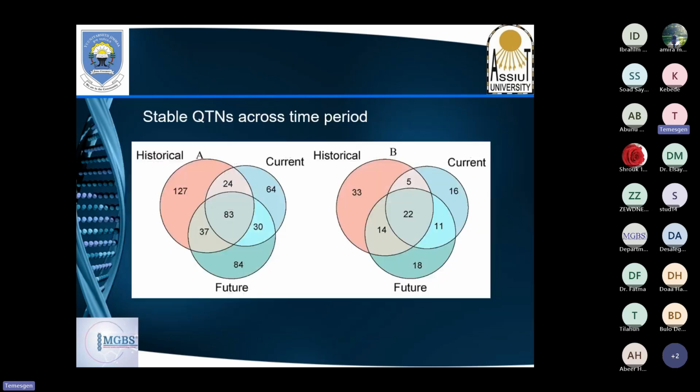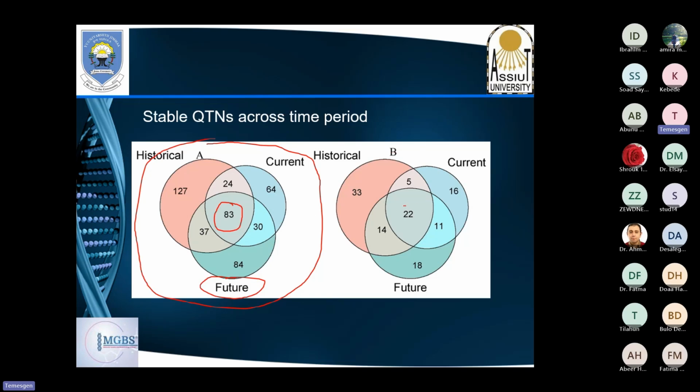Then we looked at whether any of them are stable across these different time periods: historical, current, and future. This is the whole set of markers. We identified almost 83 of them found in all climate data, in historical as well as current and future. We also selected only the markers identified in at least 3 of 6 models.